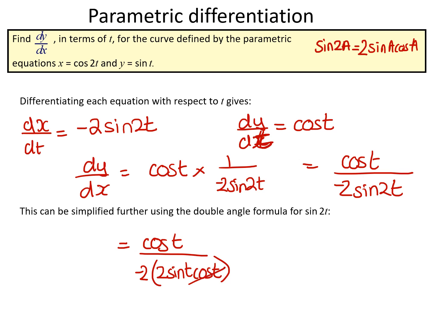Cos t is dead, a bit like I feel. Right, so that's now minus 1 over, 2 times 2 is not 2, it's 4 sine t. If you were very excited, you know that 1 over sine t is in fact cosec t, don't we? So we could actually call that minus a quarter of cosec t. Done.